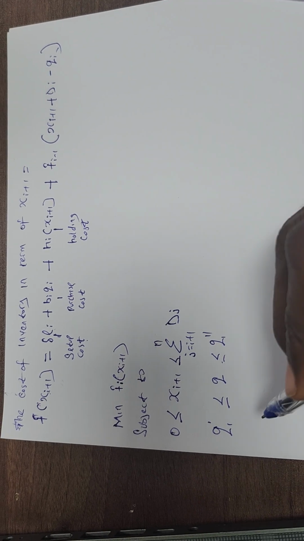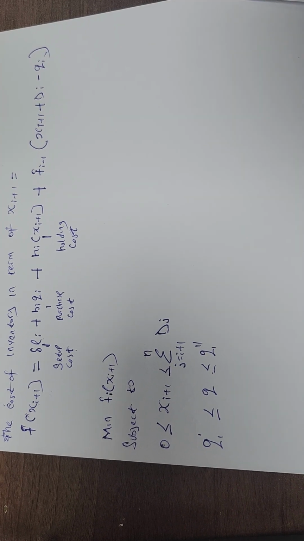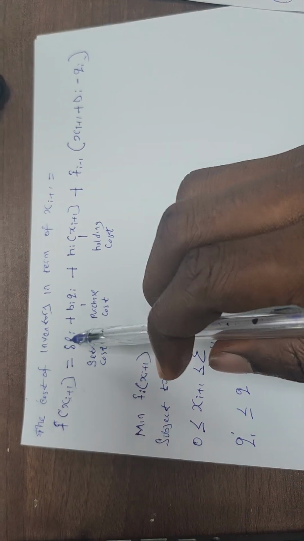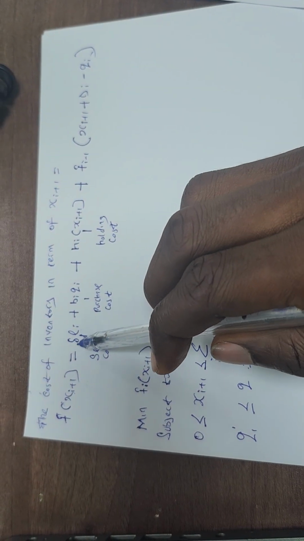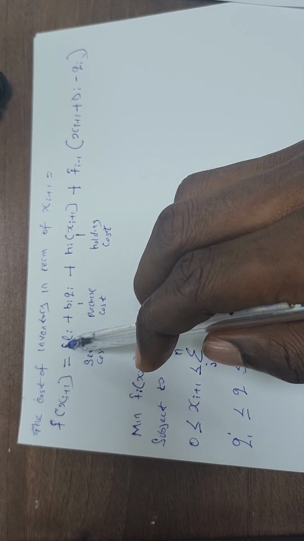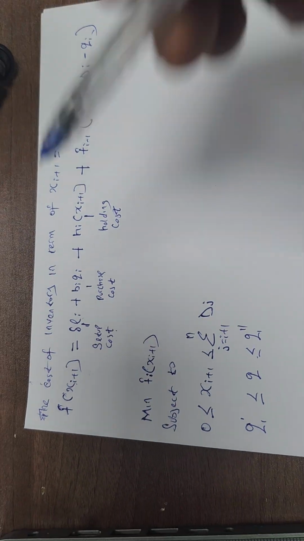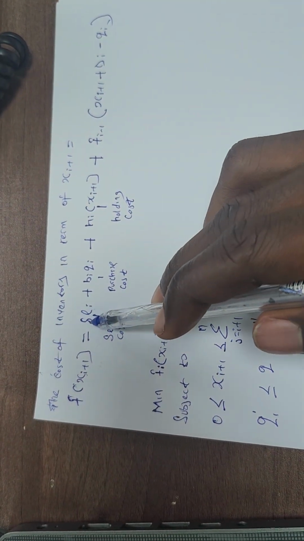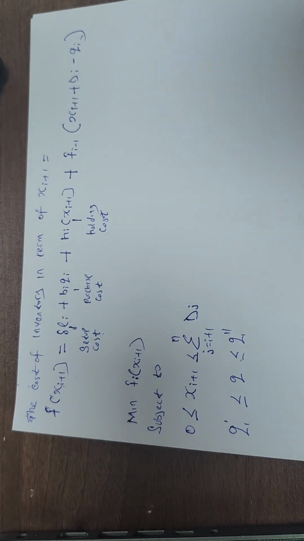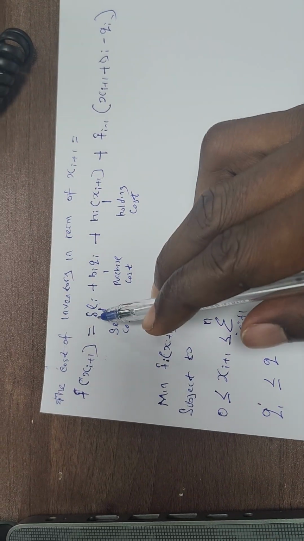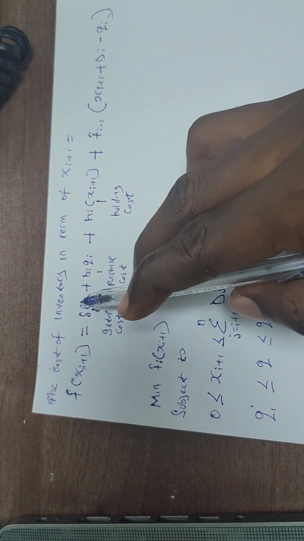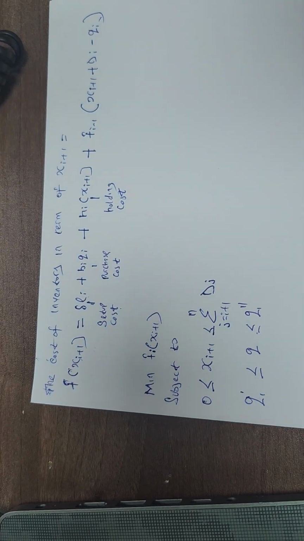That is, if there's no product being produced or purchased, this sigma will be 0 because there won't be any setup cost. It is when something is produced that this takes its validity. But when there's nothing being produced or purchased, this will be 0, and if this is 0, automatically our setup cost is 0.